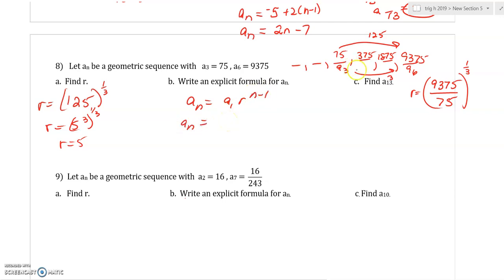Oh, now we need the first term. So if I'm multiplying by 5 when I go forward, I must be dividing by 5 when I go backwards. So if I do 75 divided by 5, I get 15. If I do 15 divided by 5, I get 3. So again, you also could have said I need to divide by 5 squared because you went back 2 steps.